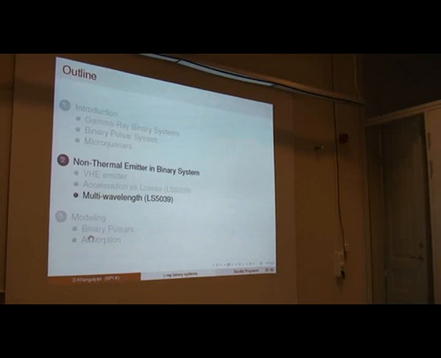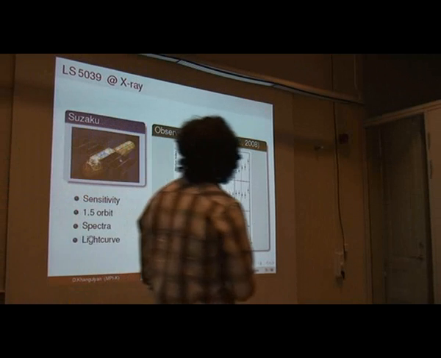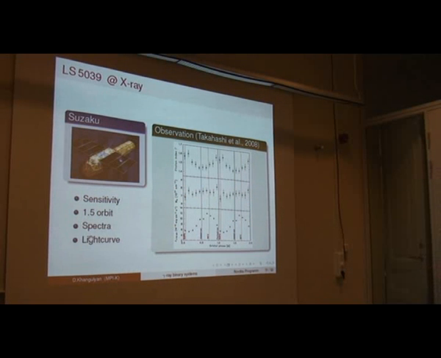And to go further, we need some information from multi-wavelength observation. In the case of LS 5039, it was observed with the Suzaku space telescope observatory, and that was a dedicated observation, so 1.5 orbits were covered.